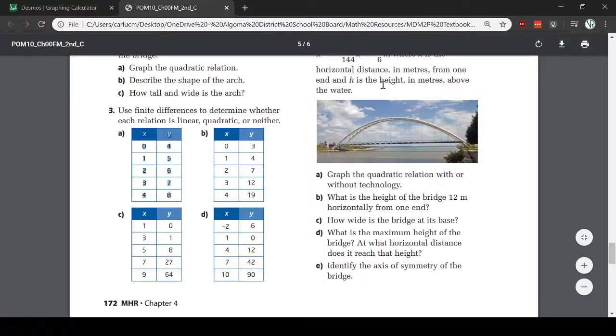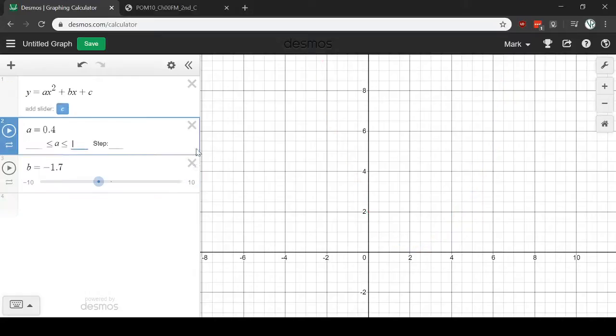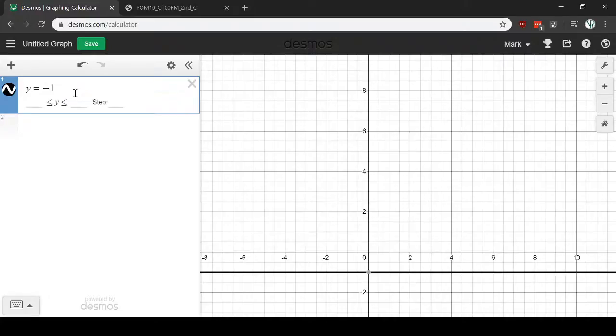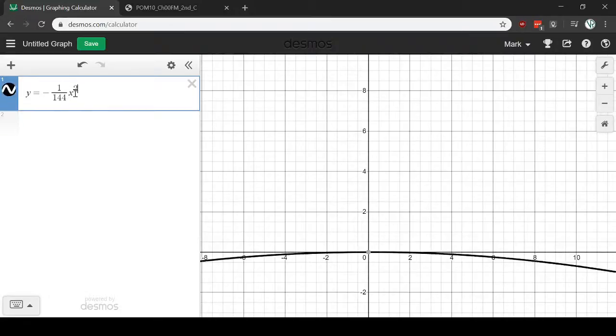So I'm actually going to flip over to Desmos here, and we will make a copy of the equation. Just clear off what I have here, and we're going to add a new graph. The equation was, I'm going to switch the h to y, y equals negative 1 divided by 144 x to the power of 2.